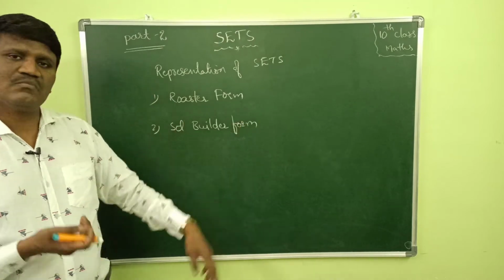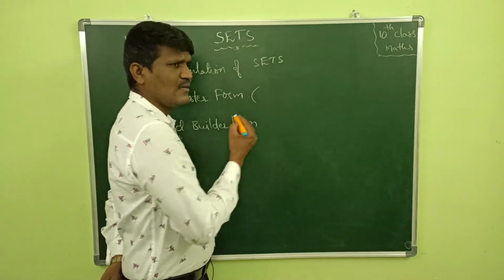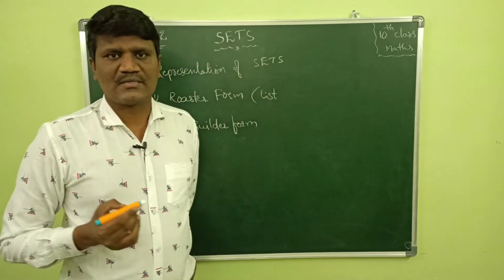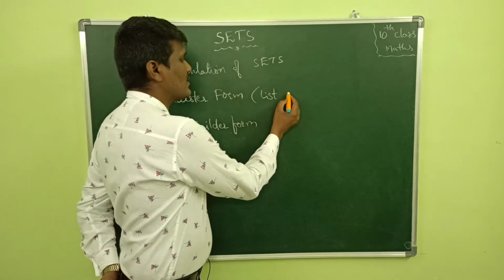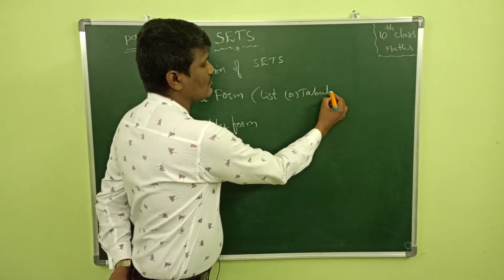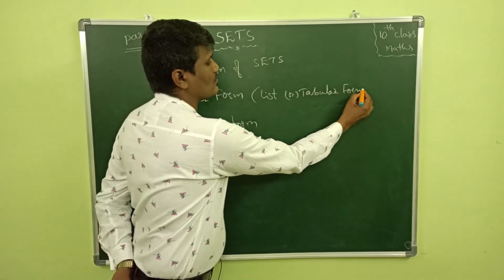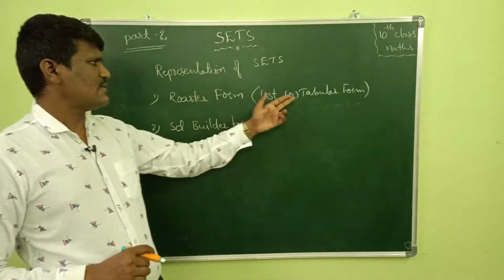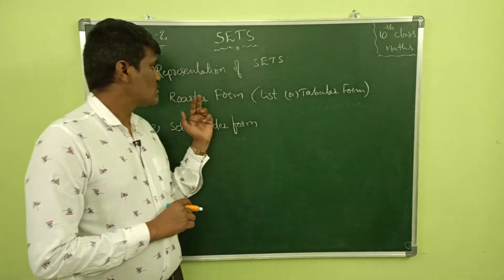So roster form, in fact we can say, is a list of elements, or we can say tabular form. So what is a roster form?